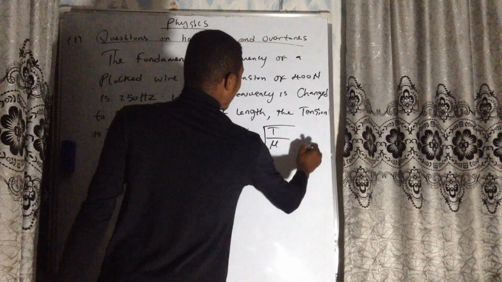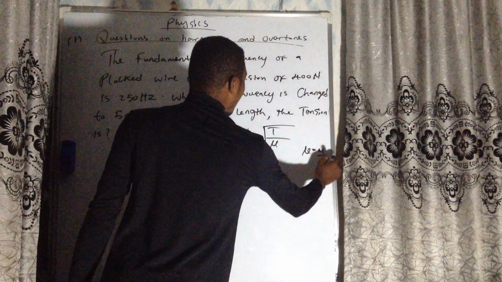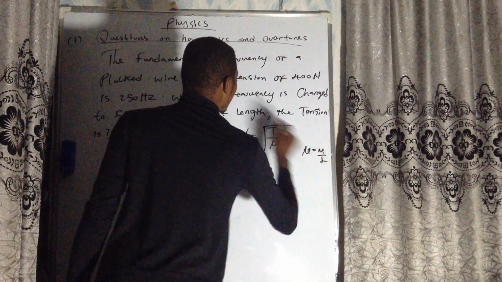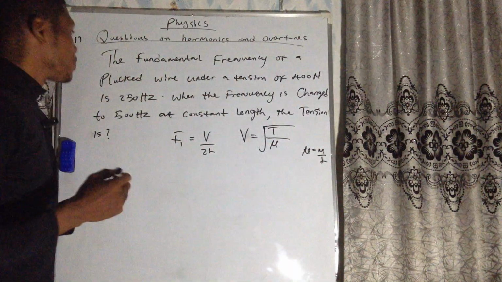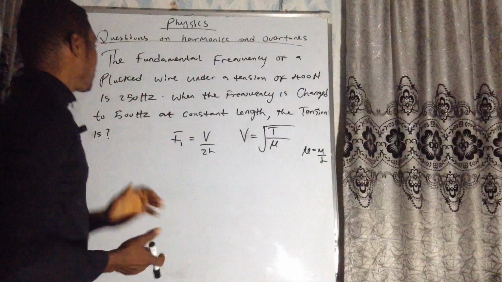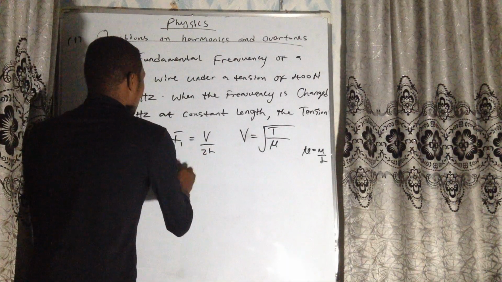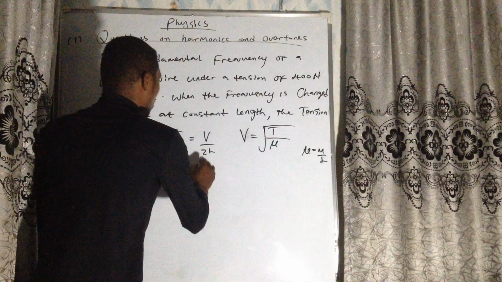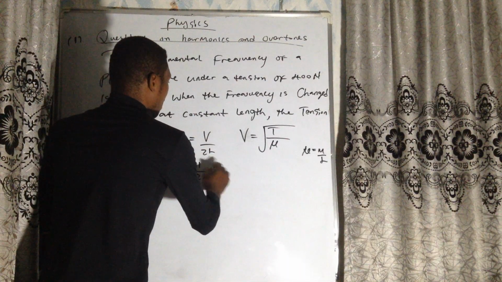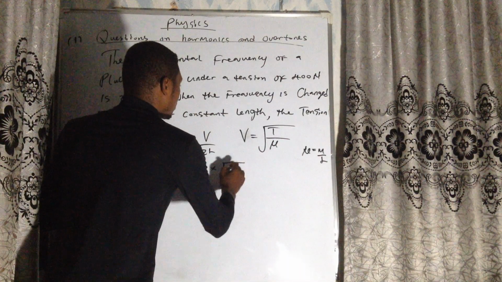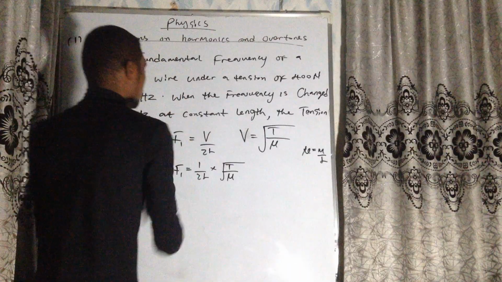That is, mu is equal to m over L. Now, let us go on. If you substitute for V here, we now have F1 is equal to 1 over 2L times the square root of T over mu. This is it.